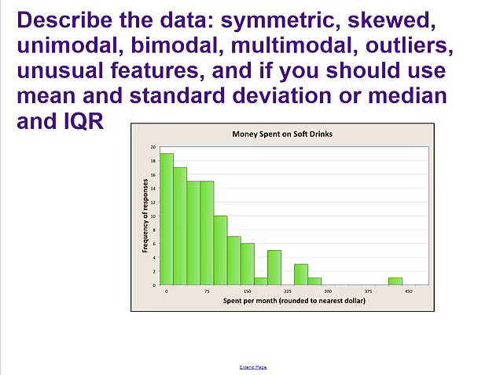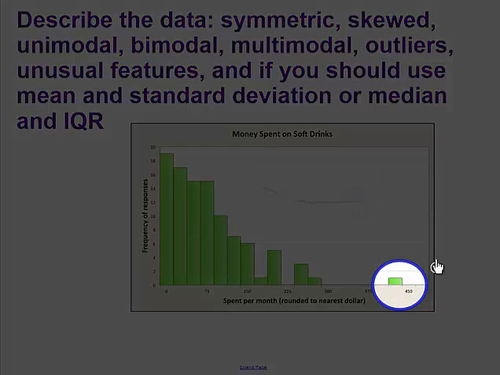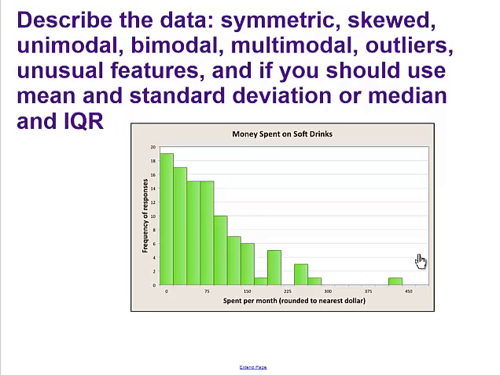Looking at the last graph, go ahead and pause the video, try to answer the questions, and restart the video when you're ready to check your answers. This graph is skewed towards the right. It is unimodal, and we have an outlier out here. So we would want to go with the median and the interquartile range.